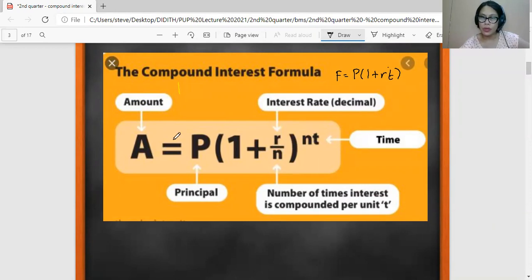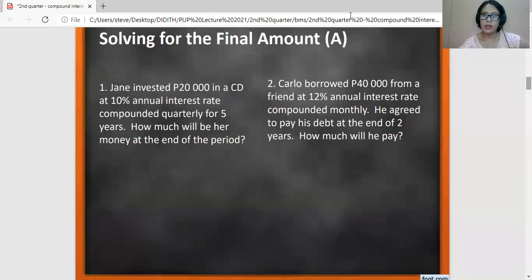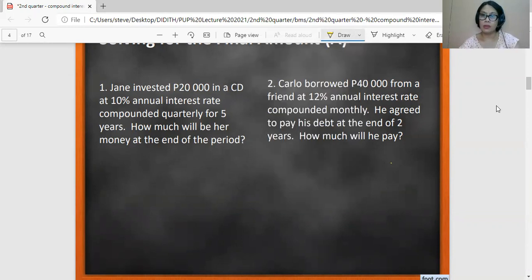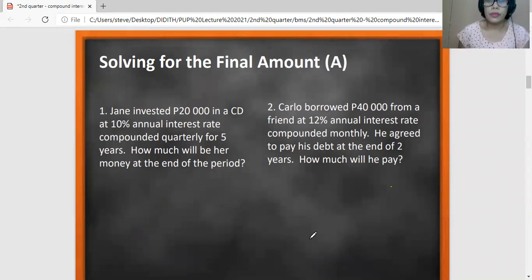So we're going to make use of this in solving for the compound interest. Now, here, for example, we are asked to solve for the final amount or the maturity value for an investment in number one and number two.